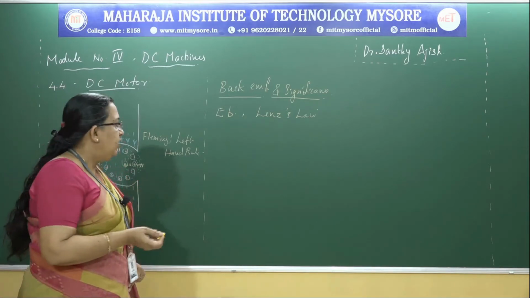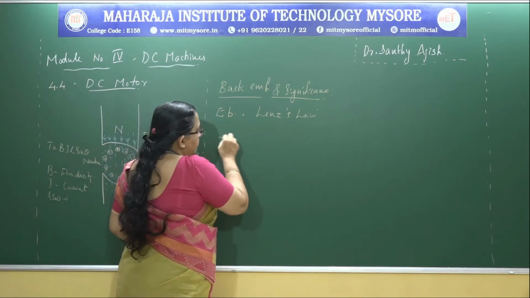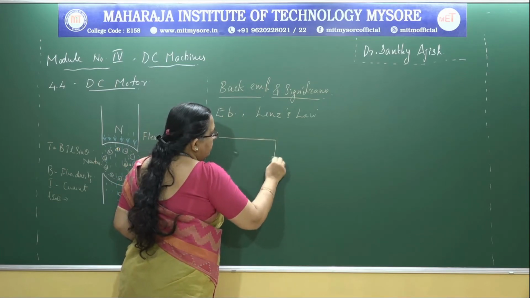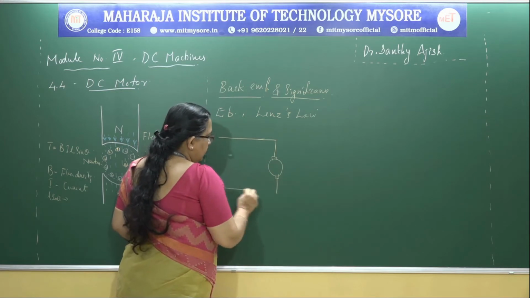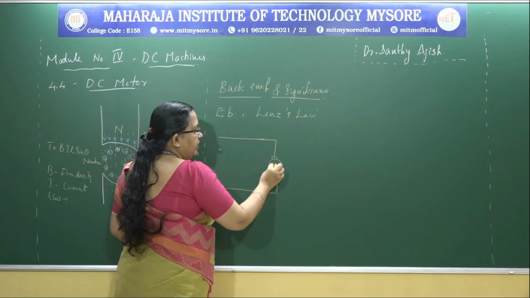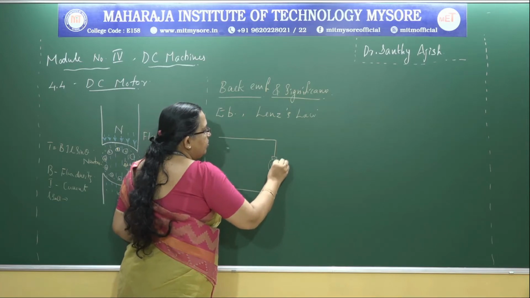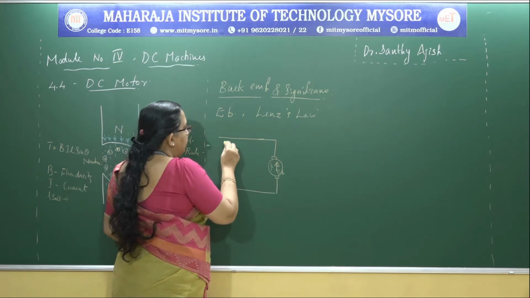If I draw the electrical equivalent of a motor, I make use of a symbol similar to the one we used for the generator. We have the armature here, and it has a resistance inside which we call Ra, and the EMF is induced opposite to the applied voltage, so this we call EB, the back EMF.